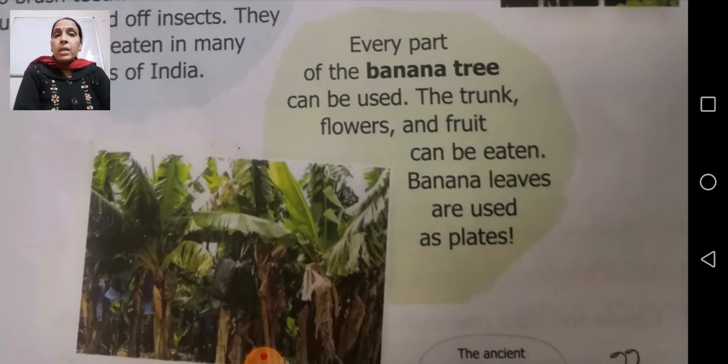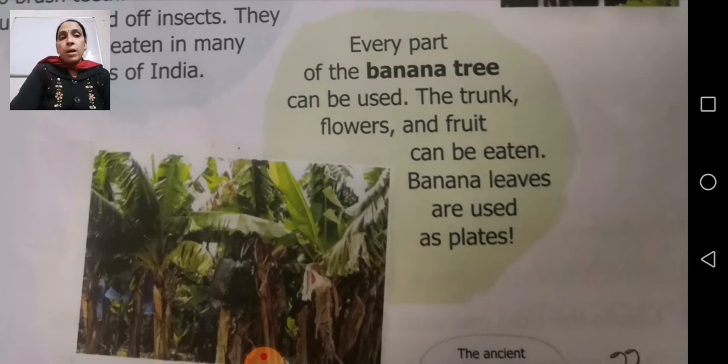Now these banana leaves are used to make plates. The plates which are made up of banana leaves are a little bit costlier, but they will be used by each and everyone.